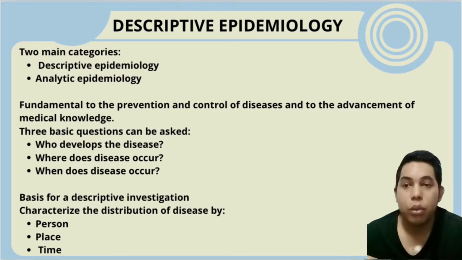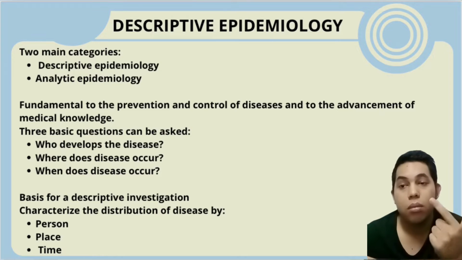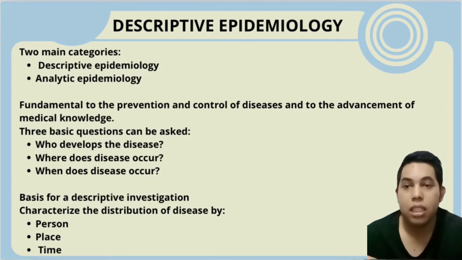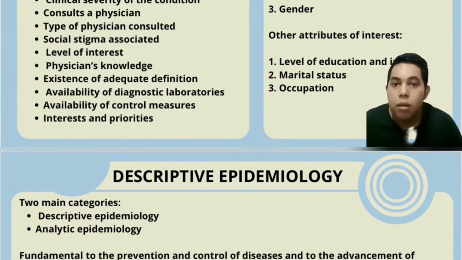Collectively, these three questions serve as the basis for a descriptive investigation of disease. Answers to these questions characterize the distribution of disease by person, place, and time. As shown systematically in the figure given, these features are the standard dimensions used to track the occurrence of disease.